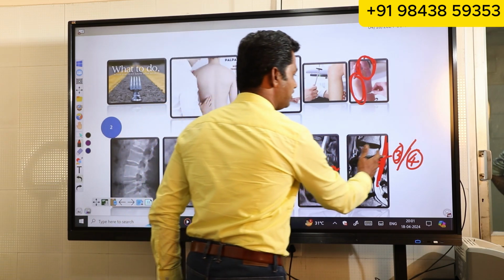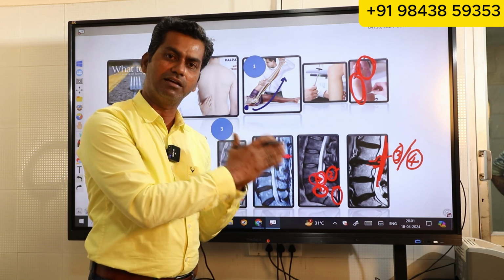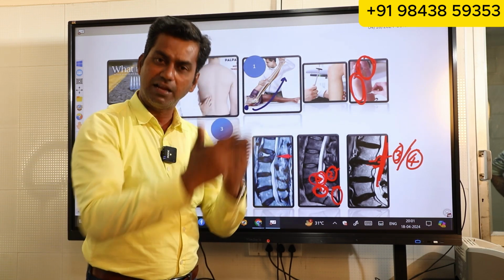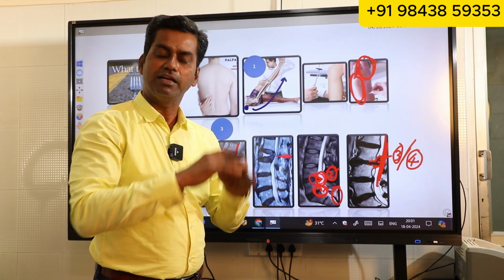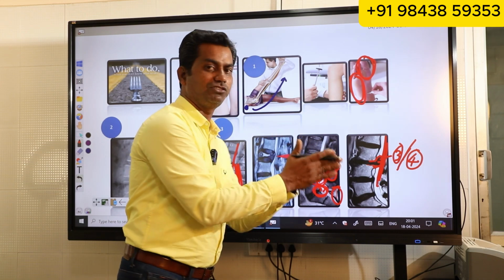So this is stage 3 or stage 4, which will be differentiated by different angles of MRI, like this is a side view and we'll have a front view and cross-section view. There are 3 views in the MRI. In 3 views, we will finalize whether it is stage 4 or stage 3.